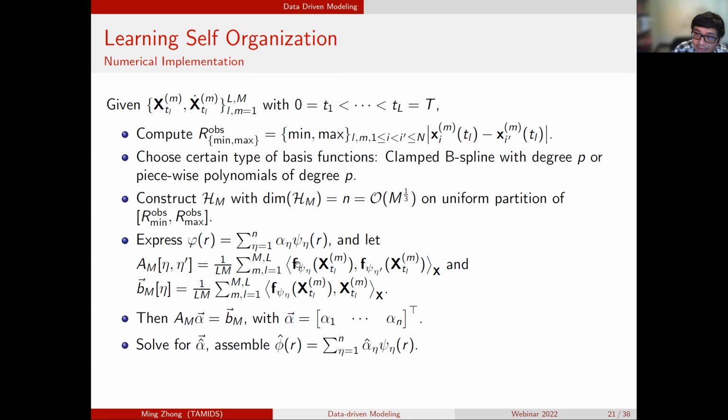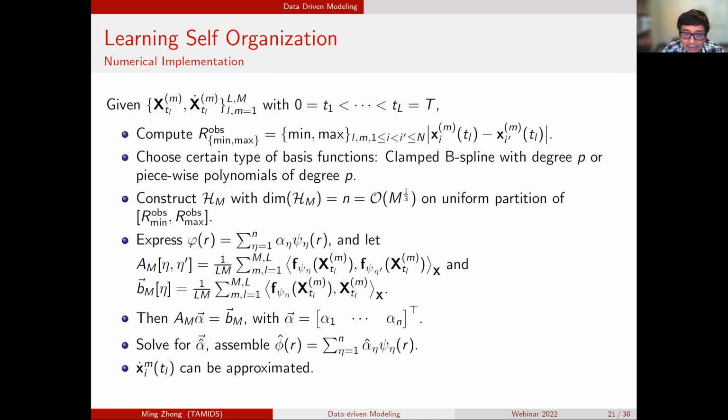Once we obtain the solutions, we can assemble the estimator. Then we can use it to predict the large time behavior of the dynamics, including whether it will flock or cluster, or other predictions that you desire with this phi hat.